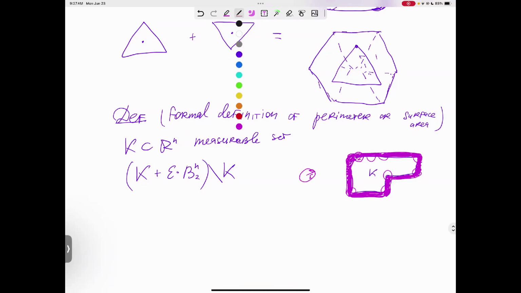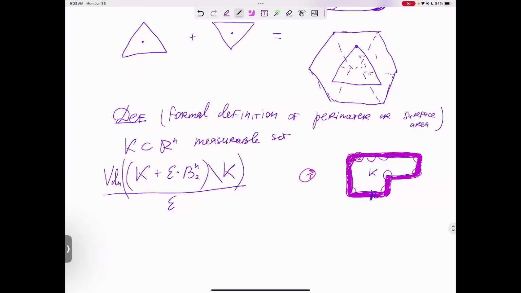Next, what I do is I consider the n-dimensional volume of this annulus, and I divide it by epsilon. So I divide this shape that I highlighted with purple by epsilon.